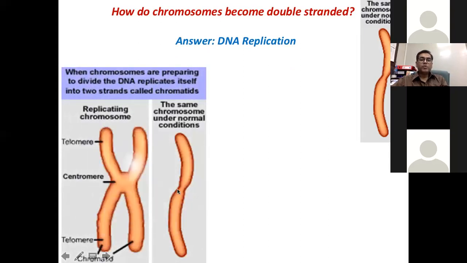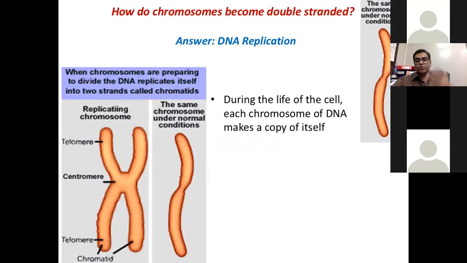How? If you look at this single stranded chromosome, they prepare themselves to divide the DNA. The DNA is copied and it replicates itself into these two strands. The ends of these strands are known as the chromatids. And this has to take place during the cell cycle, before the cell division.